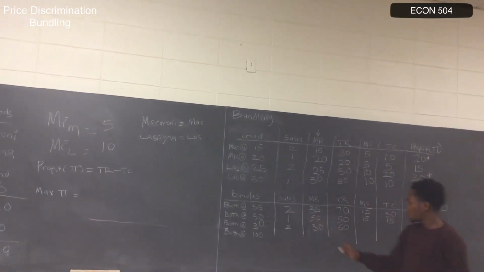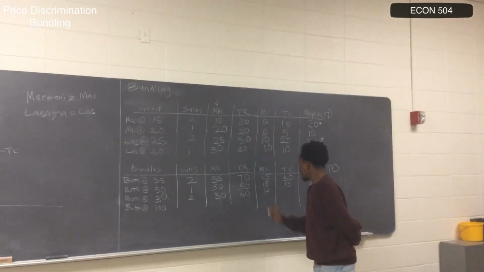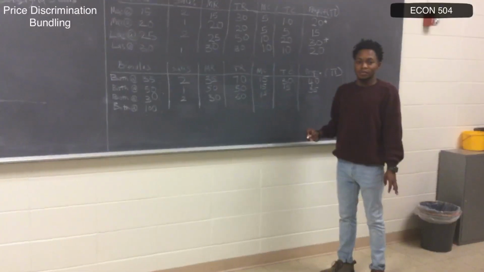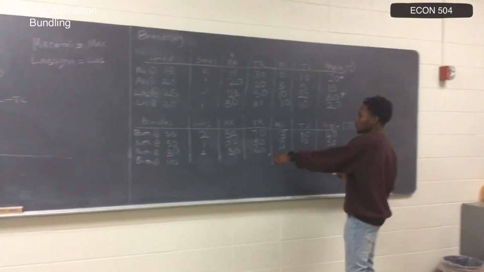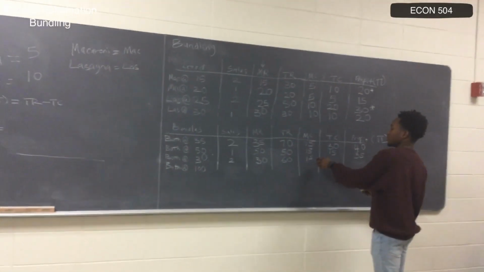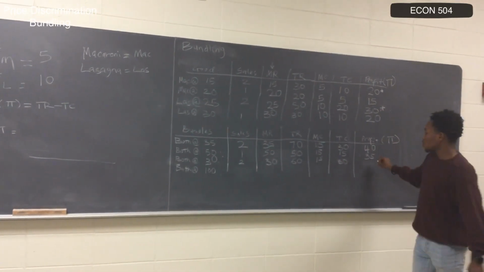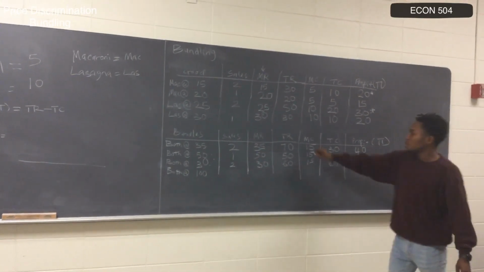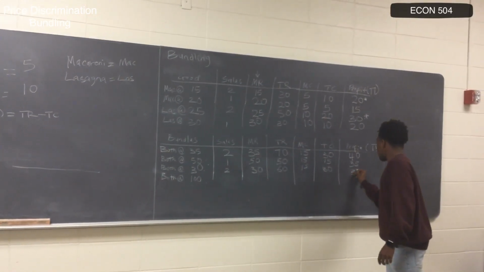That's 30 times 2. The marginal cost, which is fixed, is also 15. The total cost of selling both goods at $30 is 15 times 2, which is 30. And that brings us to the profit. So the profit is total revenue minus total cost. That's 60 minus 30. That's 30.